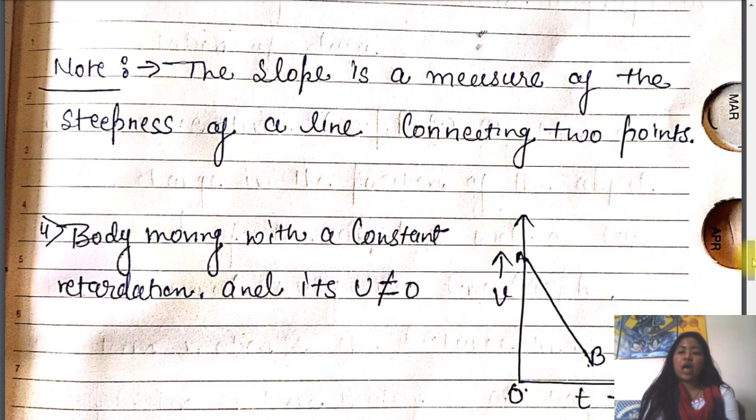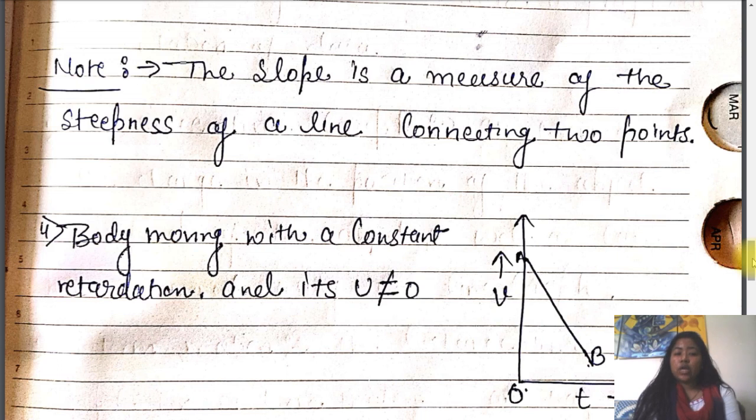After that, we have the last condition for the velocity-time graph. In the last situation, the body has a constant retardation. Whenever we talk about retardation, in that particular condition the initial velocity of the object will be greater than the final velocity.